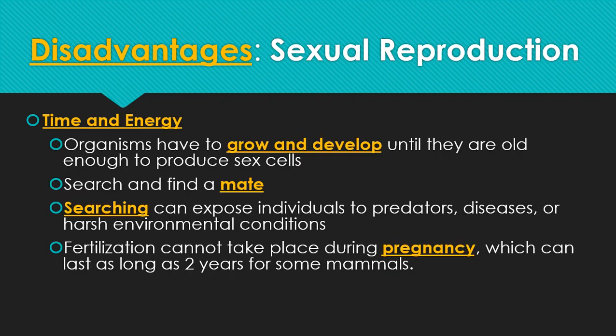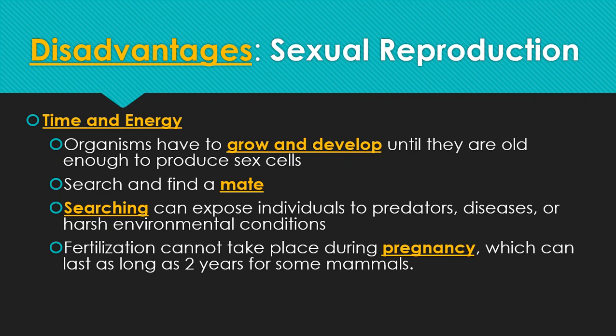Also, ang disadvantage naman ng sexual reproduction, matagal. 'Di ba sa asexual like binary fission, like fragmentation, madali lang yung proseso. It does not require time and energy. Pero sa sexual reproduction, matagal. Halimbawa for humans, magbubuntis ka pa ng 9 months.